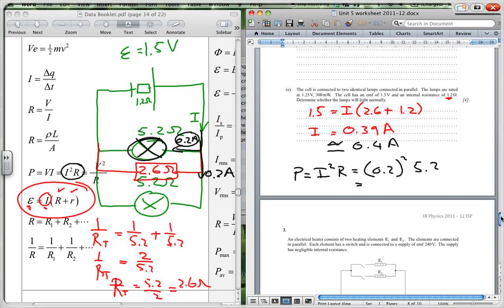So we get 0.2 squared times 5.2, and I get 0.208 watts. Now, for it to work effectively, we had to have 0.3 watts, and so therefore there's going to be less power, less energy, joules per second, and therefore the lamp will not light normally.